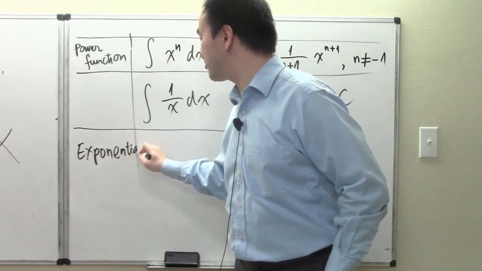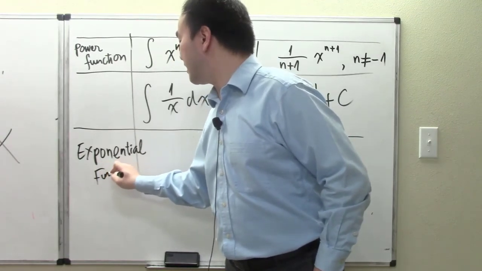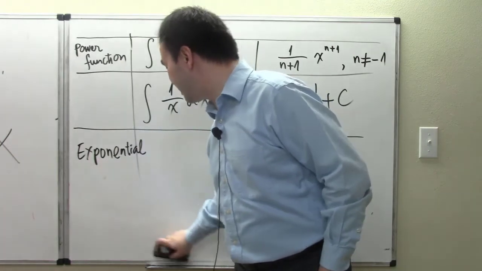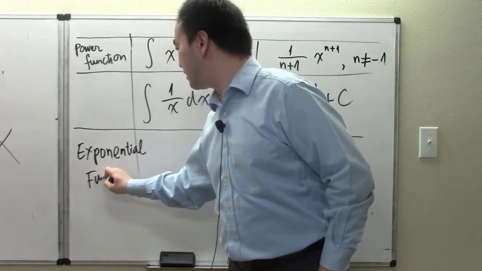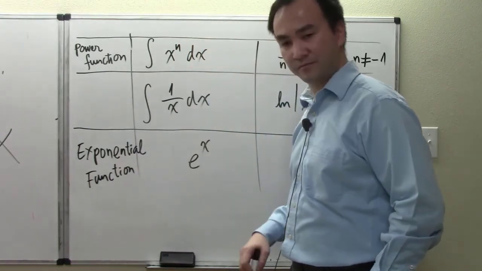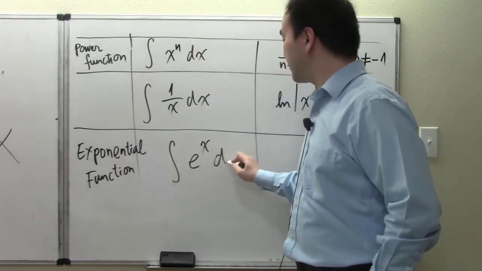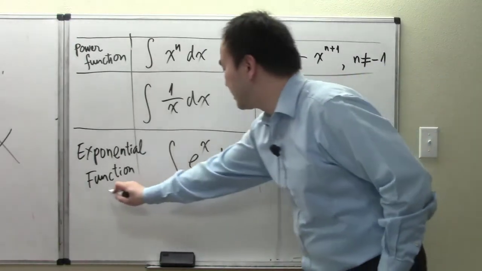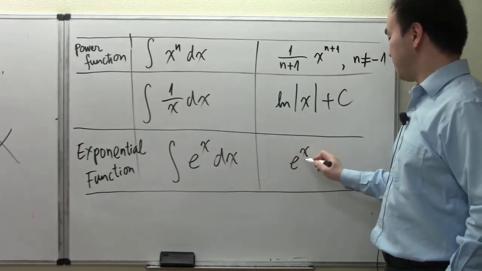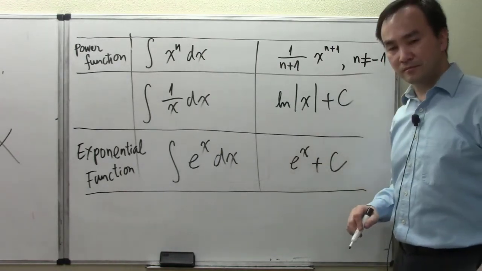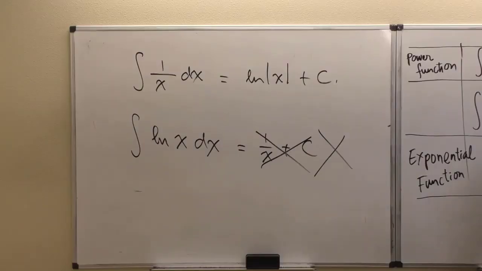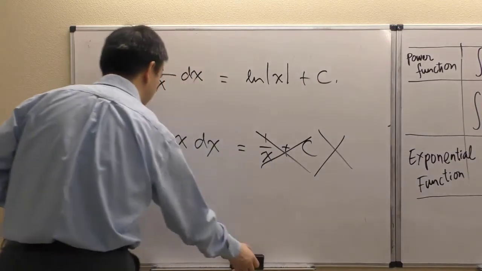Again, I'm only going to focus on the very basic one that we have seen through the earlier part of this video lesson: e to the x. When we take the antiderivative of e to the x, it gives us just e to the x again plus c. Again, I'm going to swing back to my other board and mention another remark.